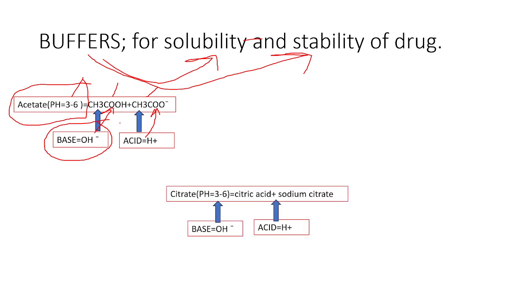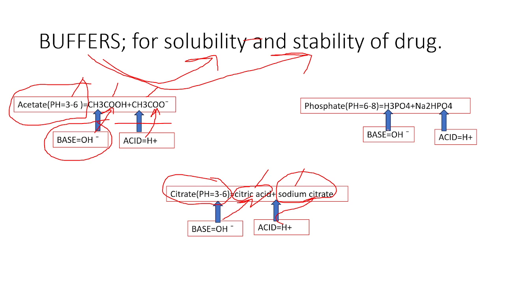Next one is citrate buffer. That also maintains pH 3 to 6. It contains citric acid and sodium citrate. If you add a base, that base can be neutralized by citric acid. If you add an acid, that can be neutralized by the salt, that is sodium citrate. If you are using phosphate, then pH 6 to 8 can be maintained by the phosphate buffers.